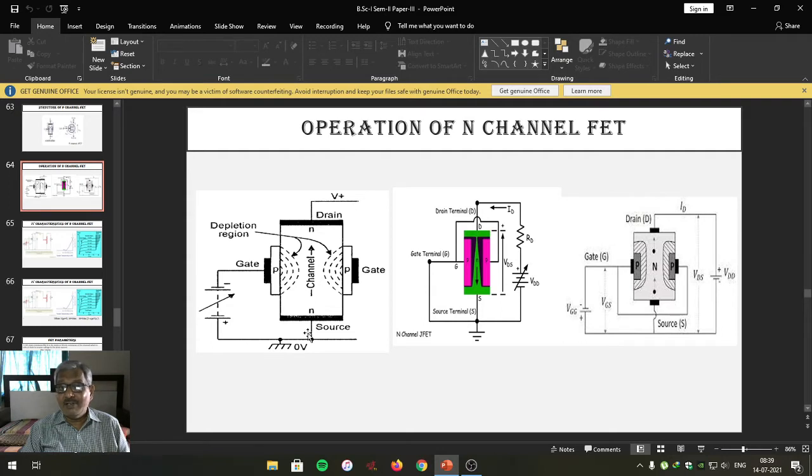Try to remember, friends. In case of BJT, when it acts as an amplifier, its input junction is forward biased, whereas the output junction is reverse biased. But in case of FET, the input junction, that is the gate to source terminal, is reverse biased.